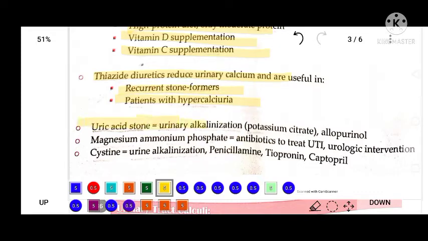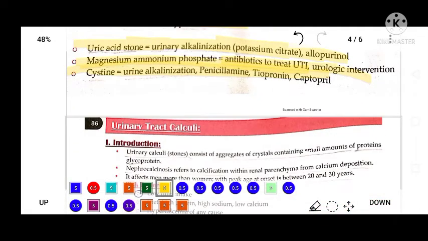For uric acid stones, urine alkalization should be done, and for magnesium stones, antibiotics should be given to treat UTI, along with urological intervention. For cystine stones there should be urine alkalization, penicillamine, and captopril should also be given. So in this way we can treat the stones of the kidney.